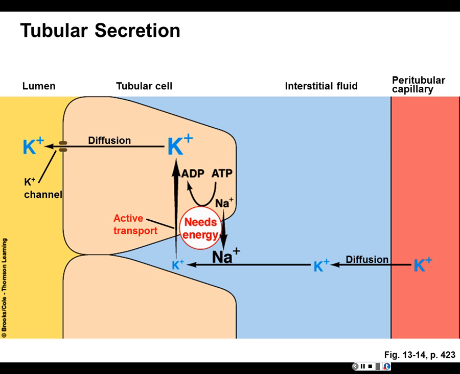So under hormonal influence, if we add more potassium channels, potassium is going to diffuse down this gradient where it was just pumped into, and it diffuses only towards the lumen of the tube, not back into the interstitial fluid and not back into the blood. So it's a regulated process of secretion.